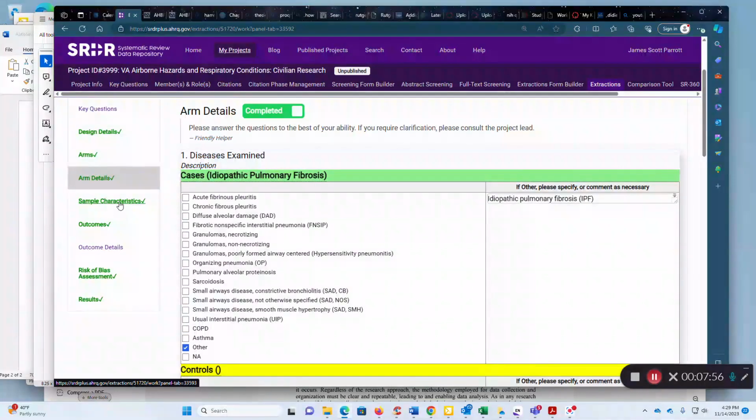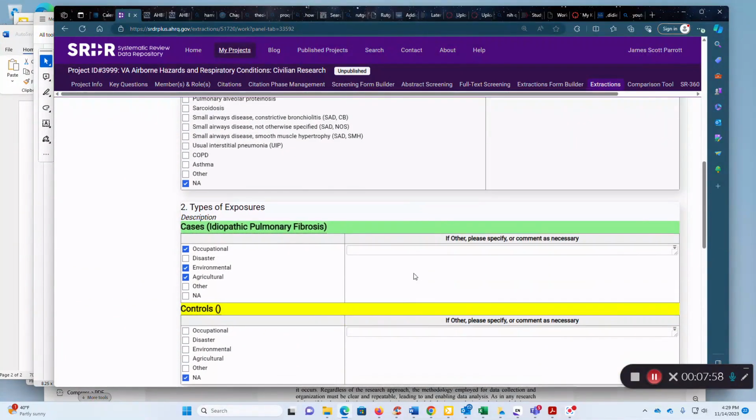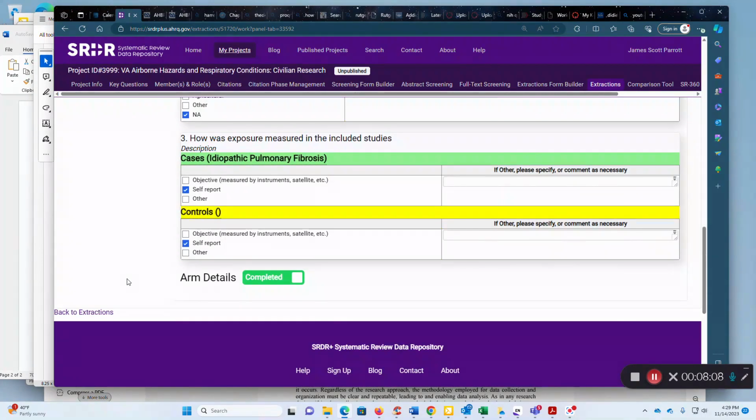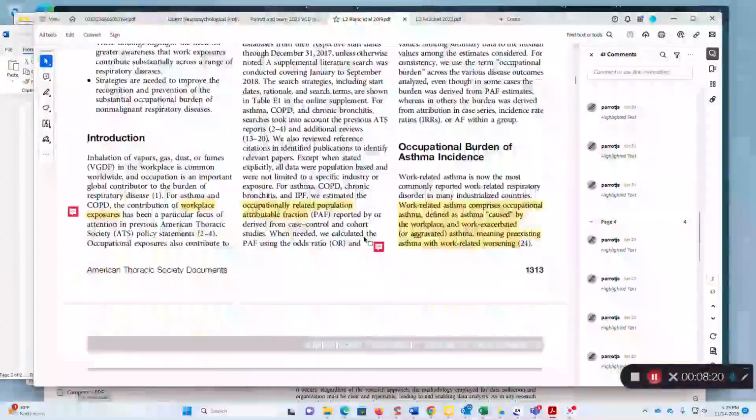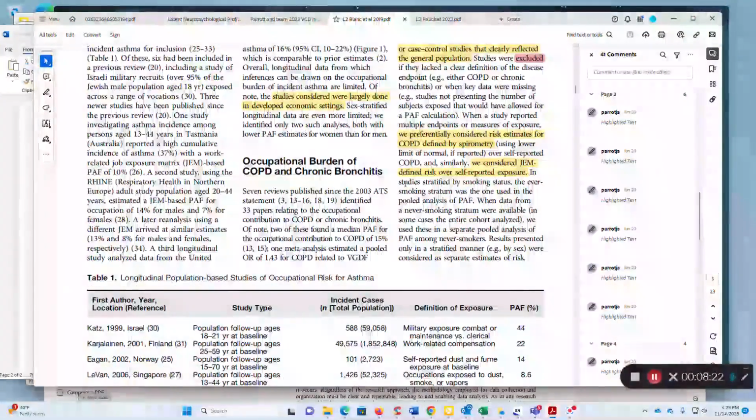So then we move on, and again, where are you going to find that? You're going to find that typically in the methods section, where they'll talk about, or in the intro, here's the type of exposures we're interested in, and then how they're measured. You might be able to find that in the methods. More often, what you'll find is these will be explained in some of the overview tables.